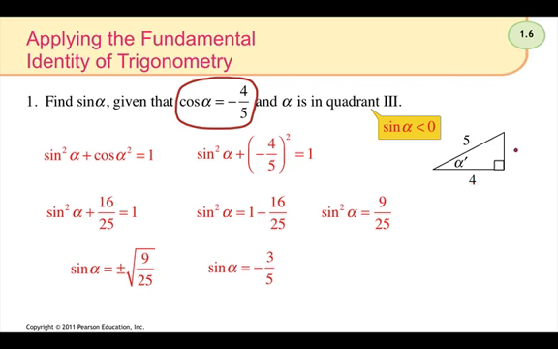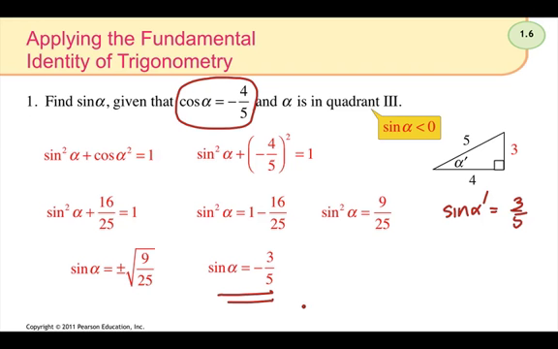With the Pythagorean theorem, I find that this side is 3. Then I just need to find sine of alpha, but this is alpha prime. So sine of alpha prime, according to the picture, is 3/5, but I have to take into account that sine of alpha is negative. That's why we write this as our final solution.